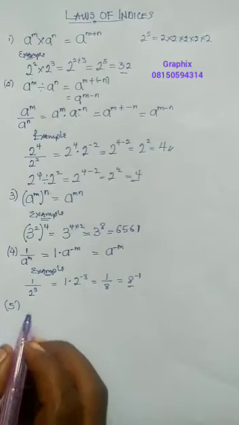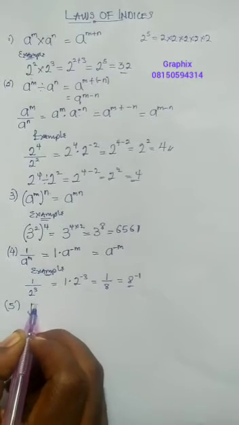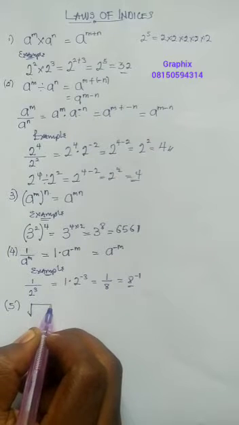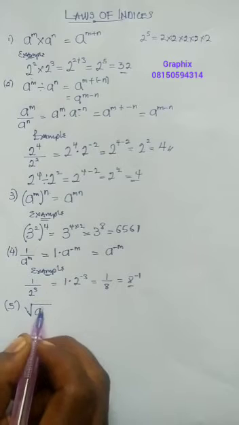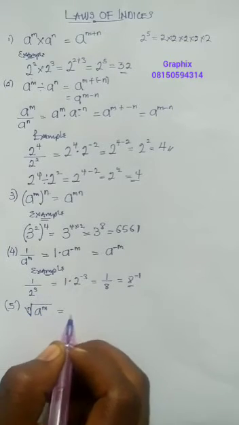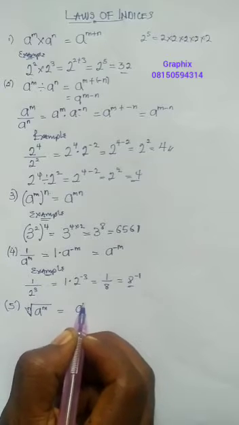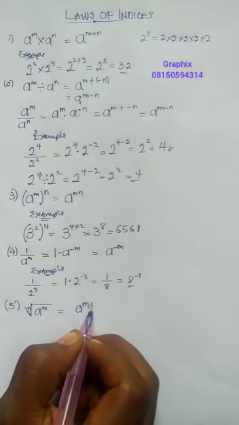If I have the square root of a, and I have my m here, and I have my n here, it means that my a to the m will remain, and whatever is inside here will be under my n.